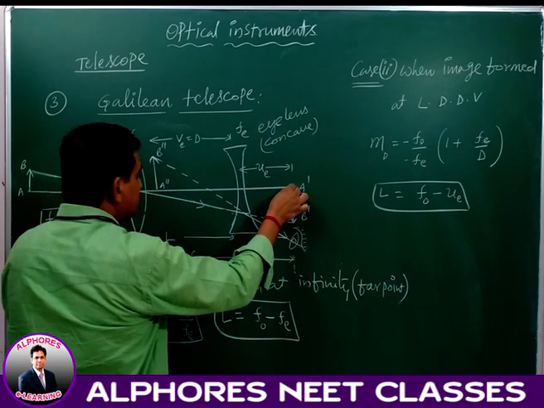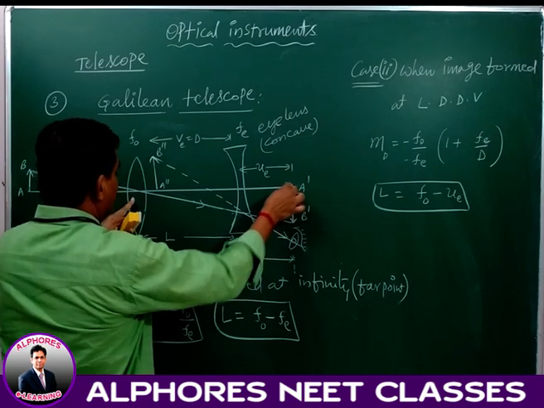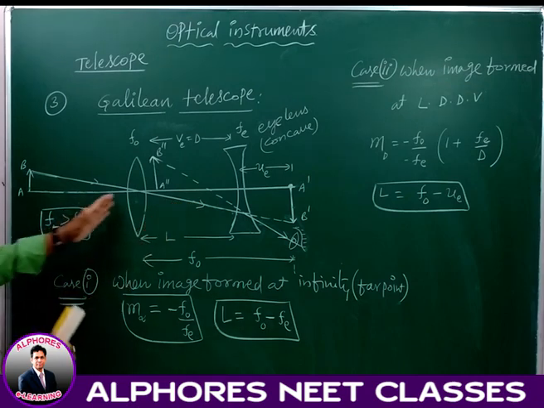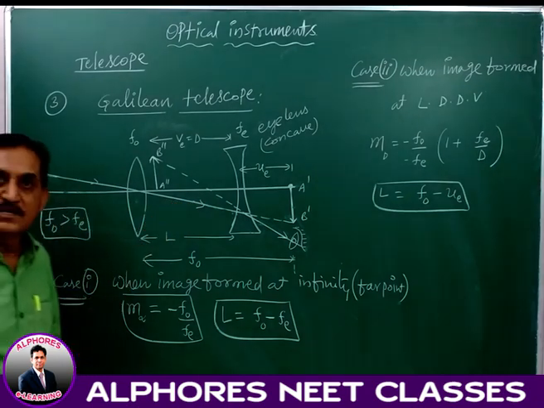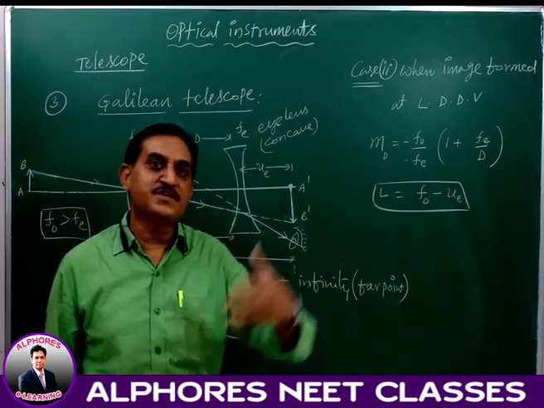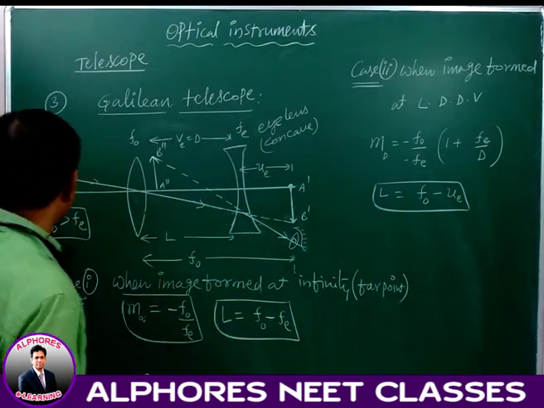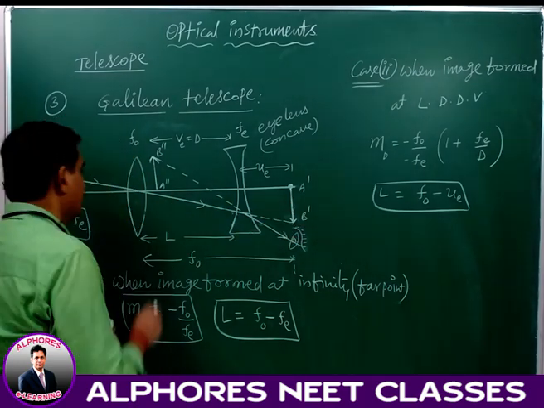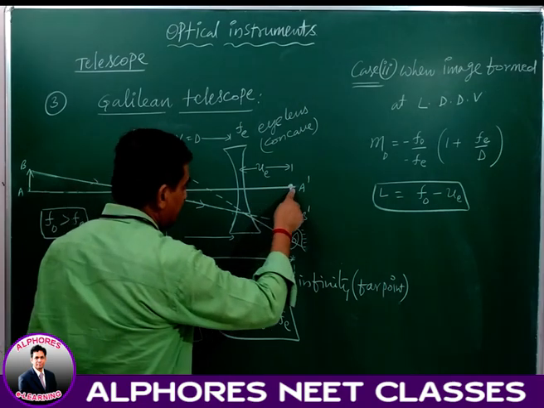So this is the focus of the field lens. Where is the image of this object formed? This object is at a greater distance, even on the surface of Earth with a terrestrial telescope, and its corresponding image is formed at the focus point of this field lens.